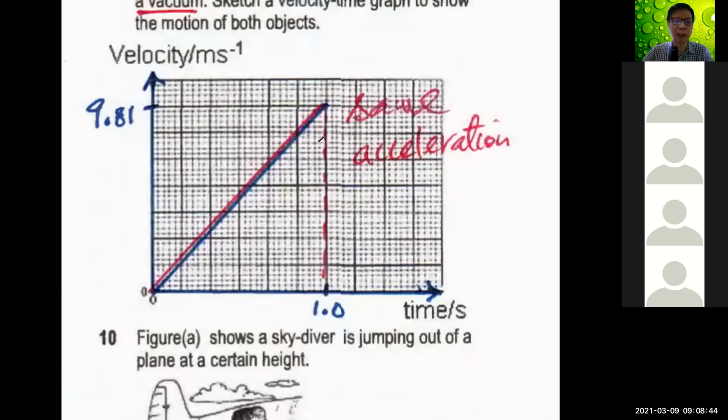To get 9.81, I put here 1, here 9.81. In that case, the gradient will become 9.81. So I just label here 9.81. Here is 1. So when you calculate the gradient, you will get 9.81, same as the gravity. Okay, so please take down the graph now.